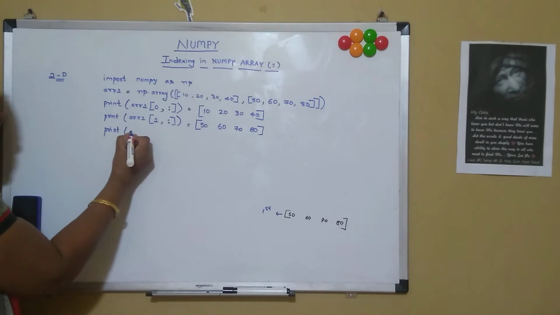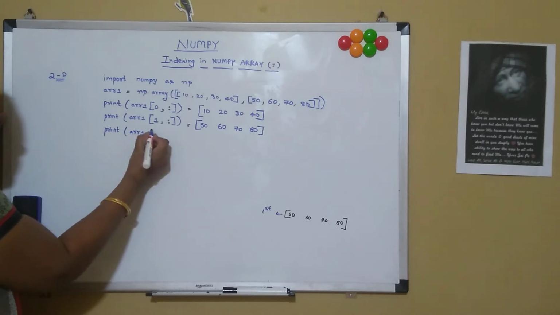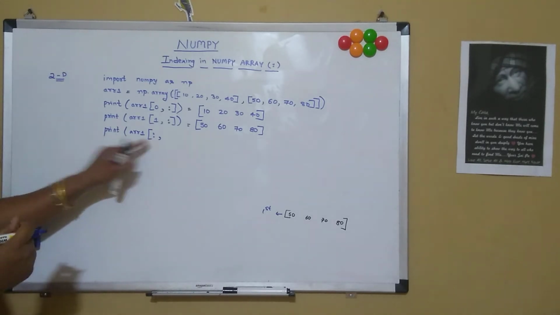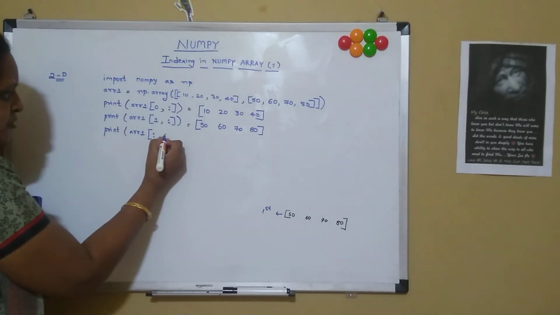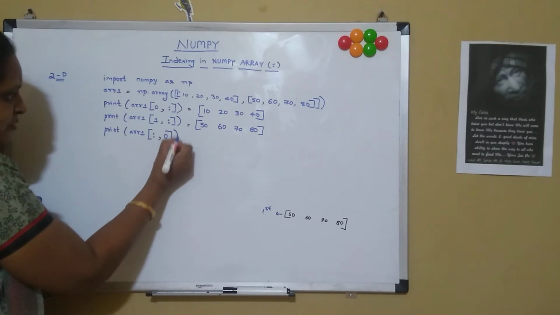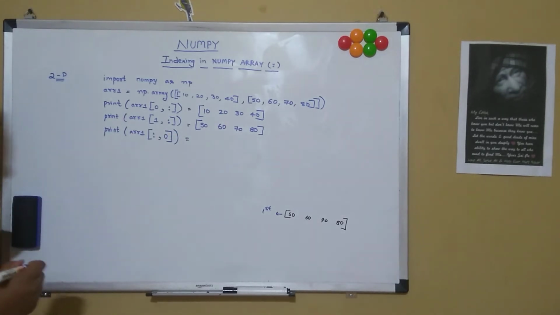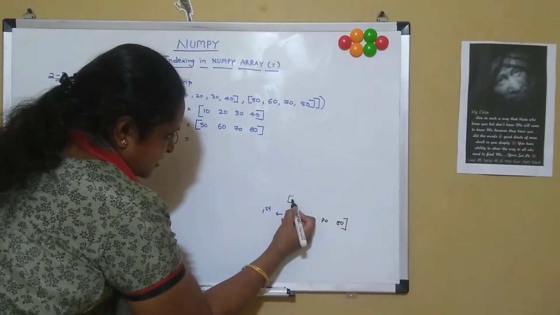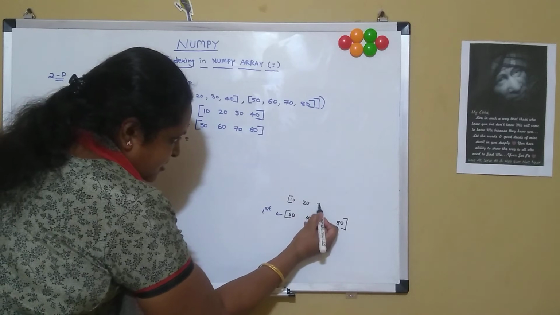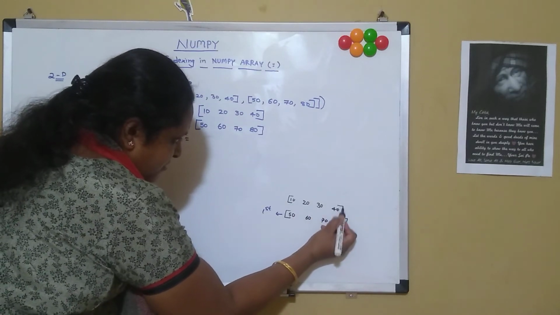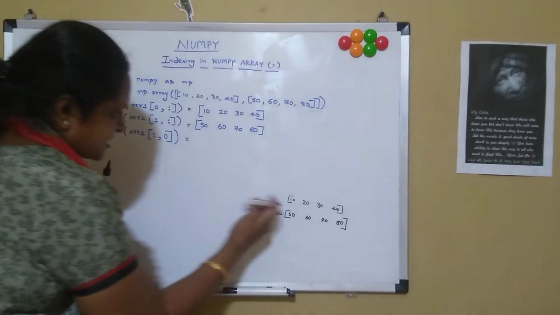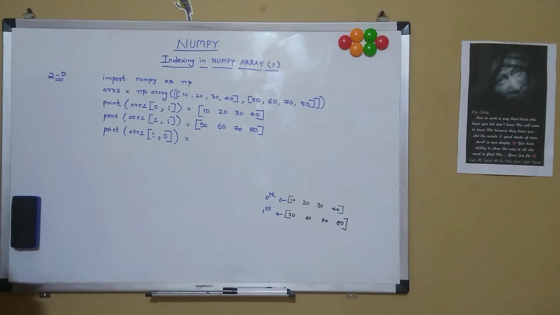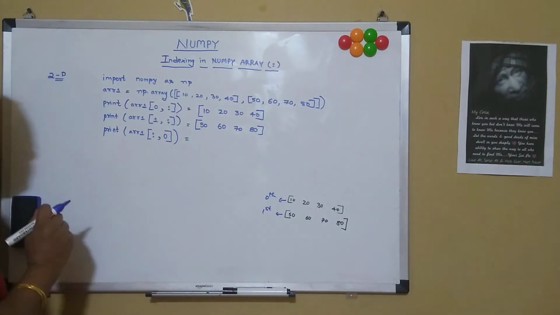Now let me say print array1 and I give colon as the first index and 0 as the second index value. So friends, what will happen in this scenario? 10, 20, 30, 40 would be at the 0th index. 50, 60, 70, 80 will be at the first index.